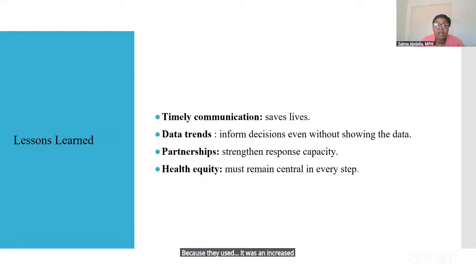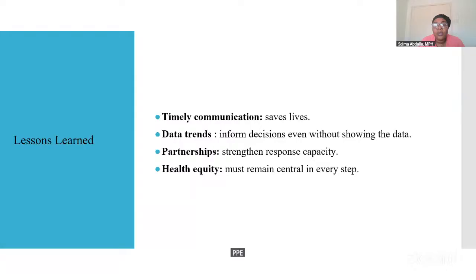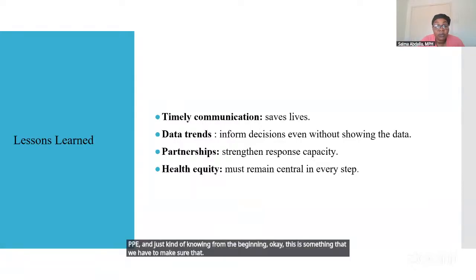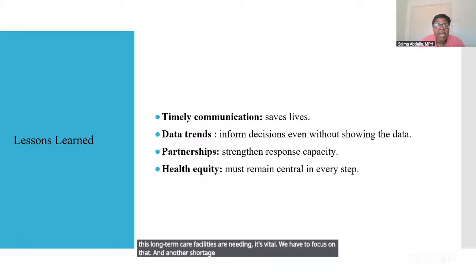They just needed a lot of PPE, and knowing from the beginning, okay, this is something we have to make sure these long-term care facilities have. It's vital. We have to focus on that. Another shortage I remember was staff. That was insane, because a lot of them were getting sick and testing positive and couldn't come to work.